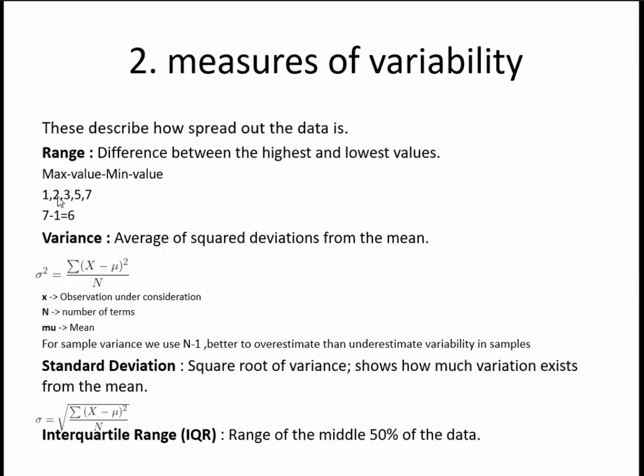Here we have 1, 2, 3, 4, 5. Now, I said if we are using sample size, we use what we call n minus 1 instead of using n. In my formula here, I have n, but if you're using samples, we use n minus 1.